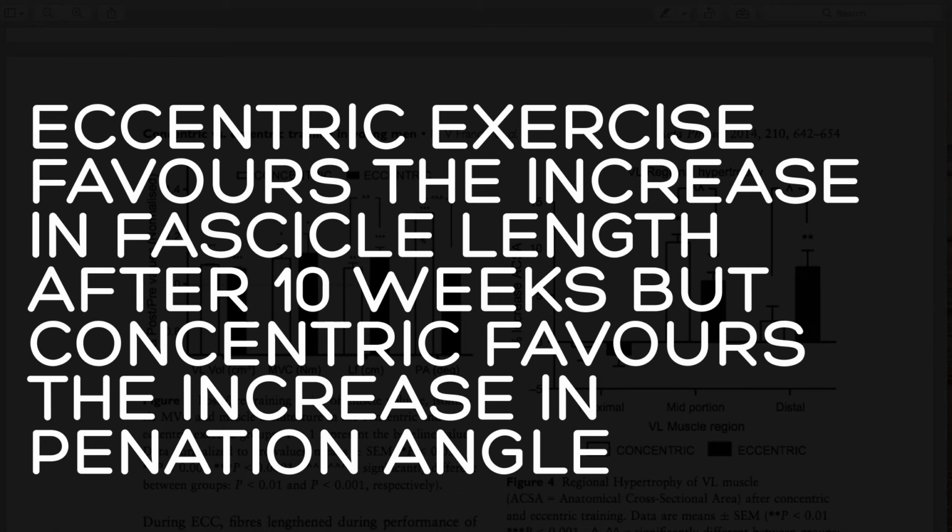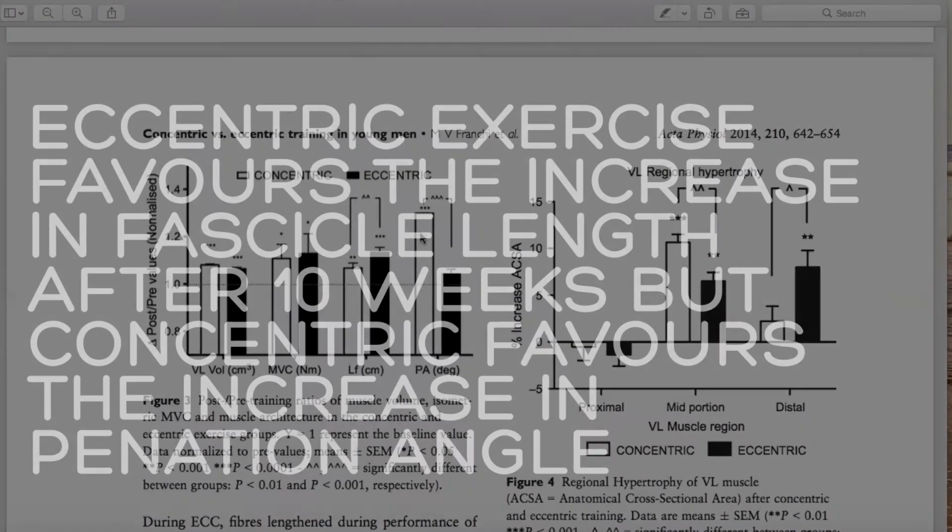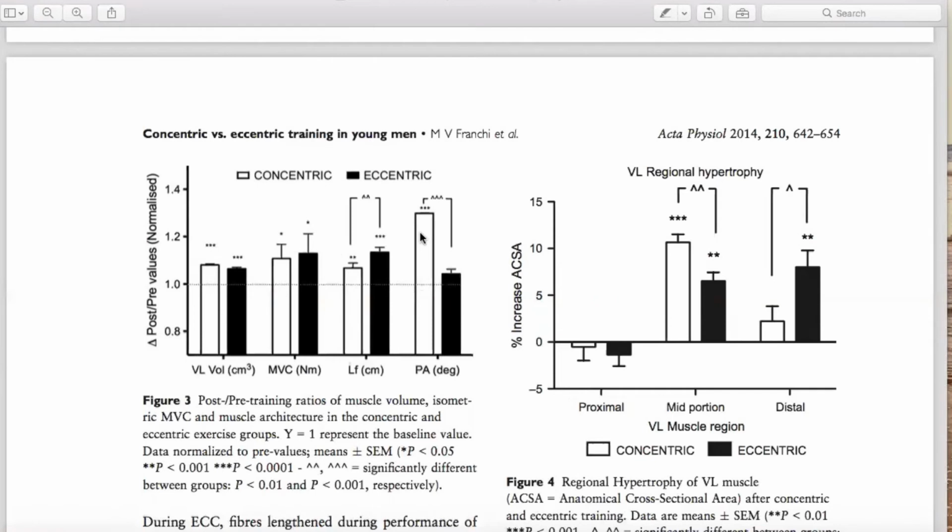And we know that architectural features play an important role in the function of skeletal muscle. This was very peculiar, because you can see they reach the same level of hypertrophy, but they reached it in two opposite ways, in two completely different ways.